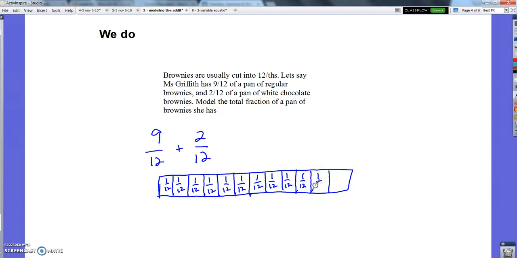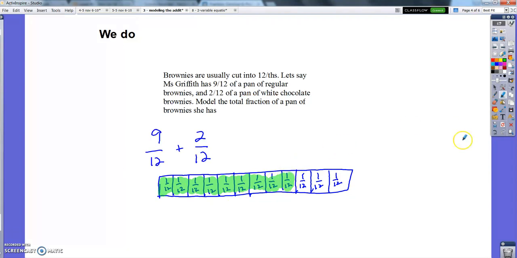So one way to maybe show that I'm adding these in a drawing, if you don't have the fraction bars to show, is maybe I will color 9/12 one color: 1, 2, 3, 4, 5, 6, 7, 8, 9. Is that 9? 1, 2, 3, 4, 5, 6, 7, 8, 9/12.